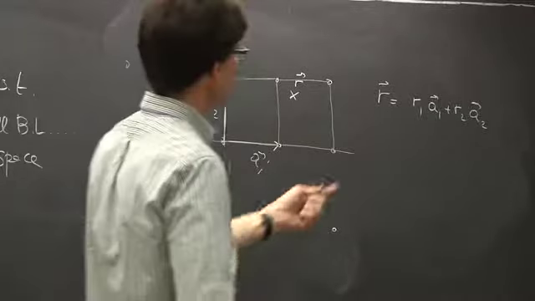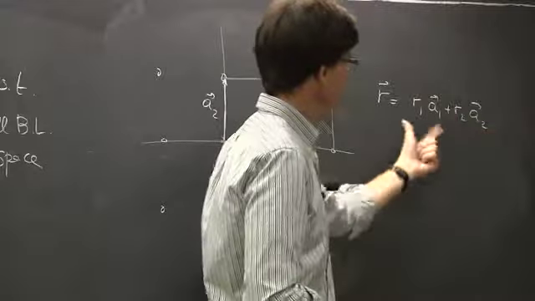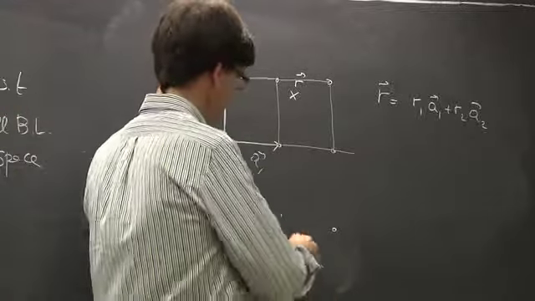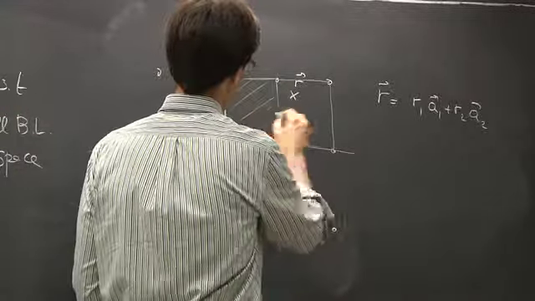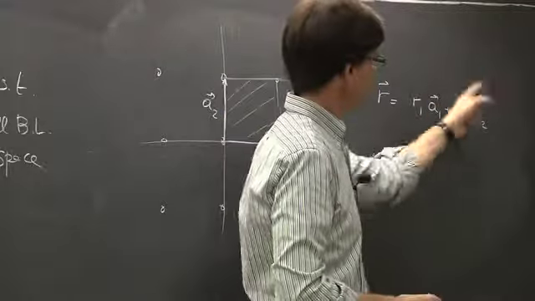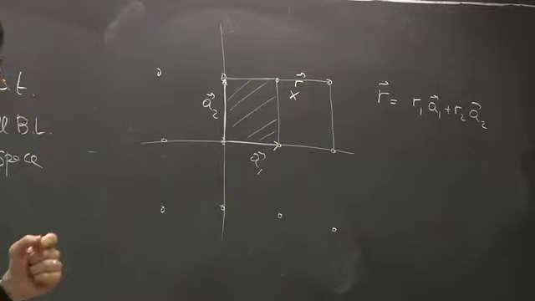What do I mean in practice in terms of expressing the position as a linear combination of the two primitive vectors? Well, points inside this area are characterized by this expression where S1 and S2 are less than 1.